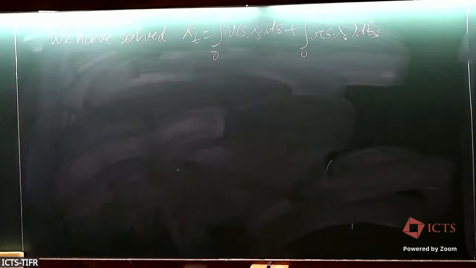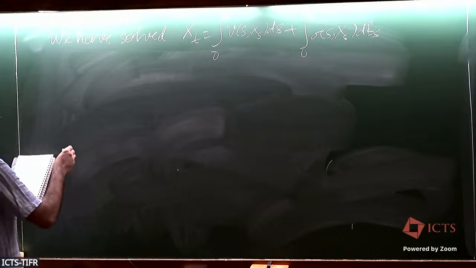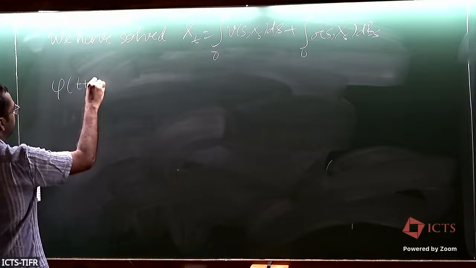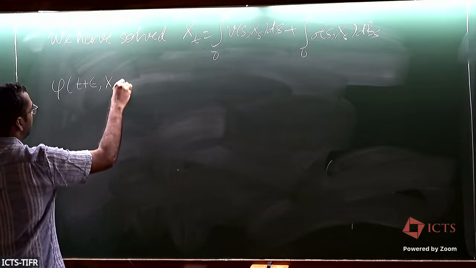Now last time, what did we do? We saw, for a test function phi, how it changed the value along this trajectory. We will actually do that here. So we consider phi(t+epsilon, X_{t+epsilon}).